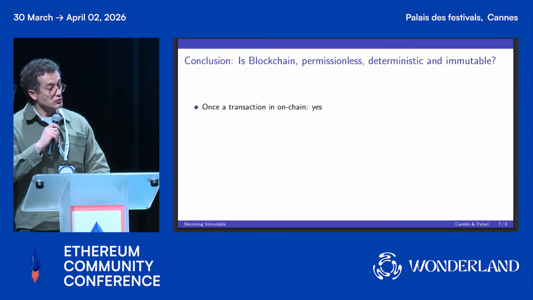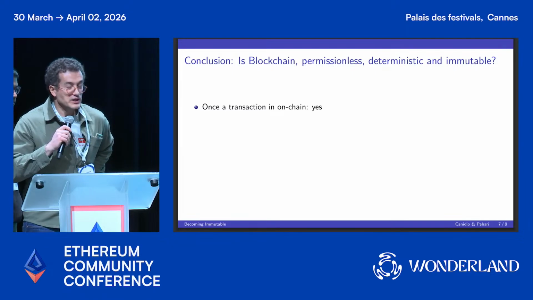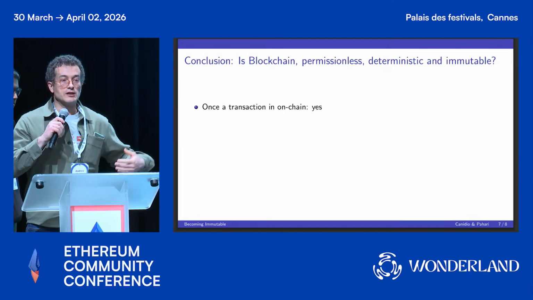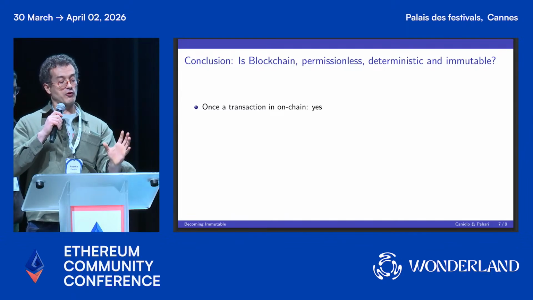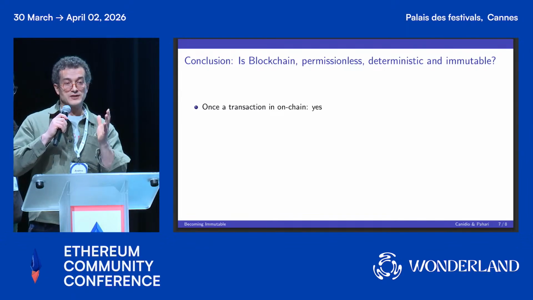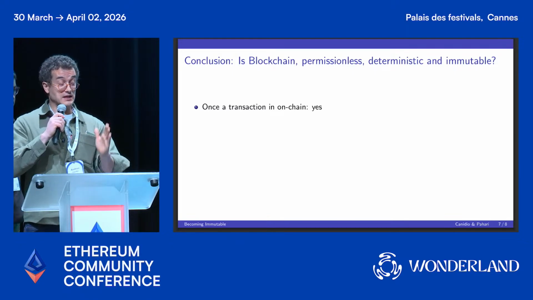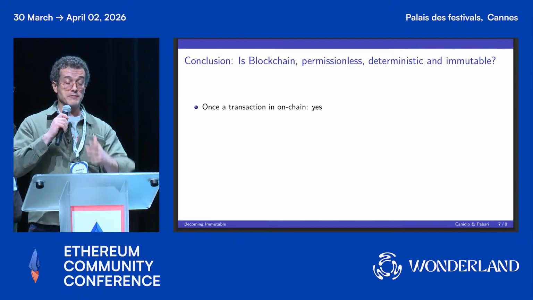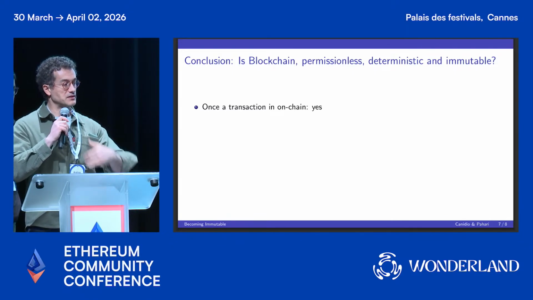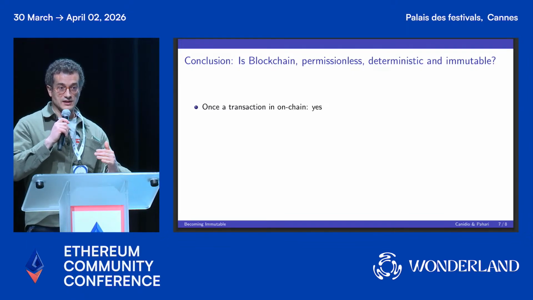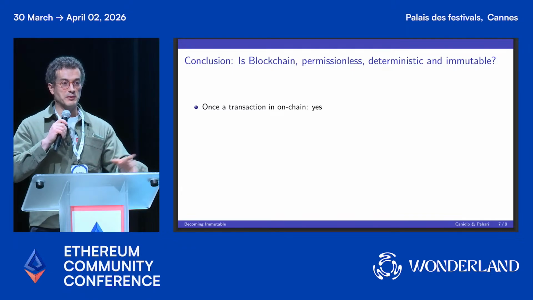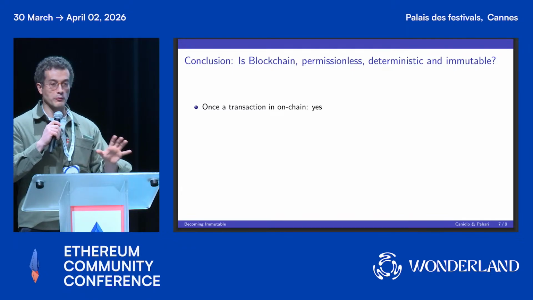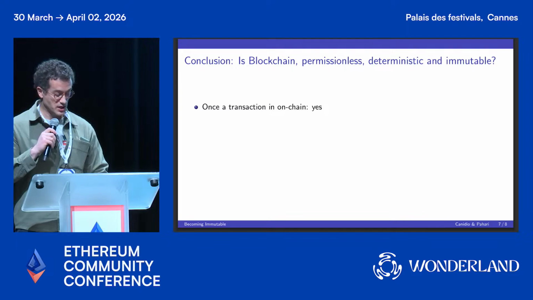Just to conclude, there is a tendency in the Ethereum community to think of the properties of the protocol as starting from the moment there is a block, because that's when the protocol proper starts. And so, yes, it's going to be permissionless, deterministic, and immutable once the transaction is on chain. Of course, there are issues with finality and all that, but by and large, those properties hold once the transaction is on chain.